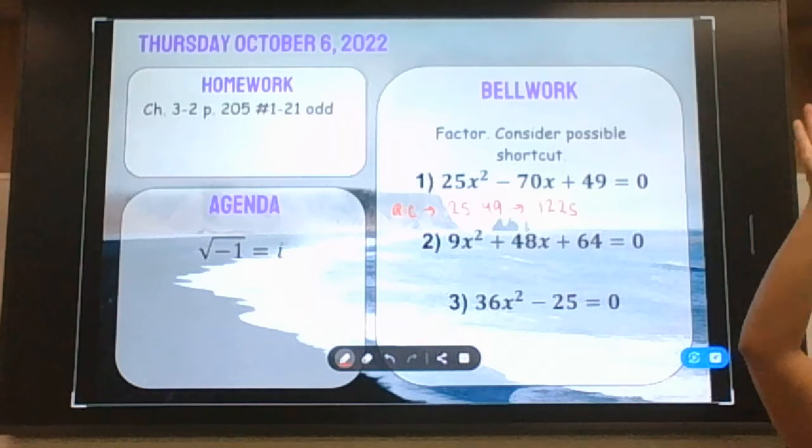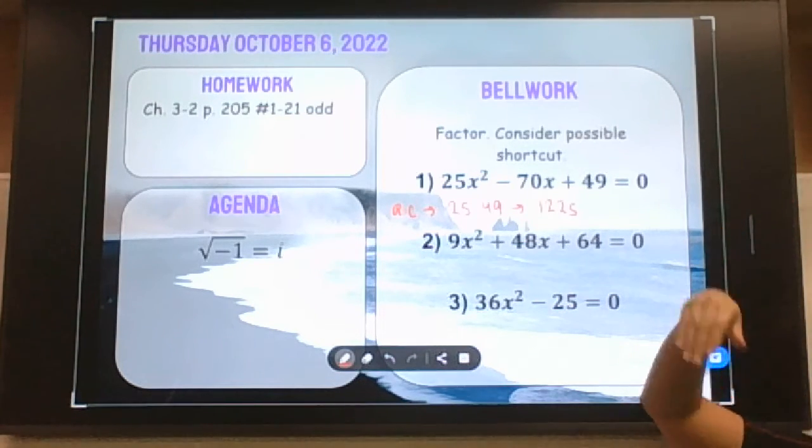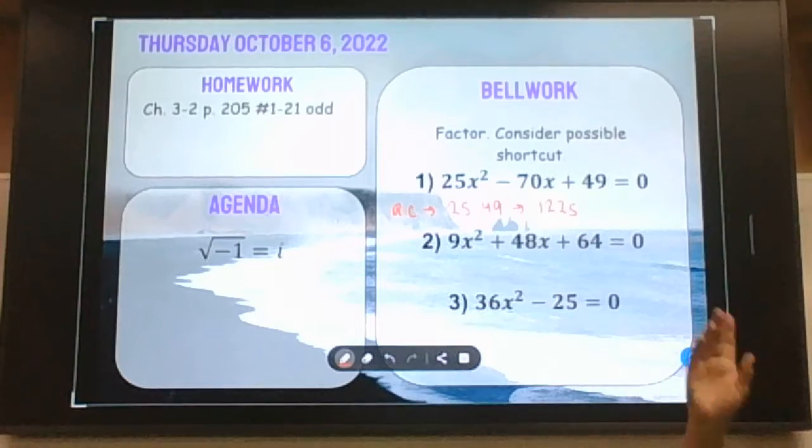So try the shortcut now in number 2. Did anybody do number 2 the long way yet? The A times C method? Okay, good. Now look at the shortcut of it and see if it applies.